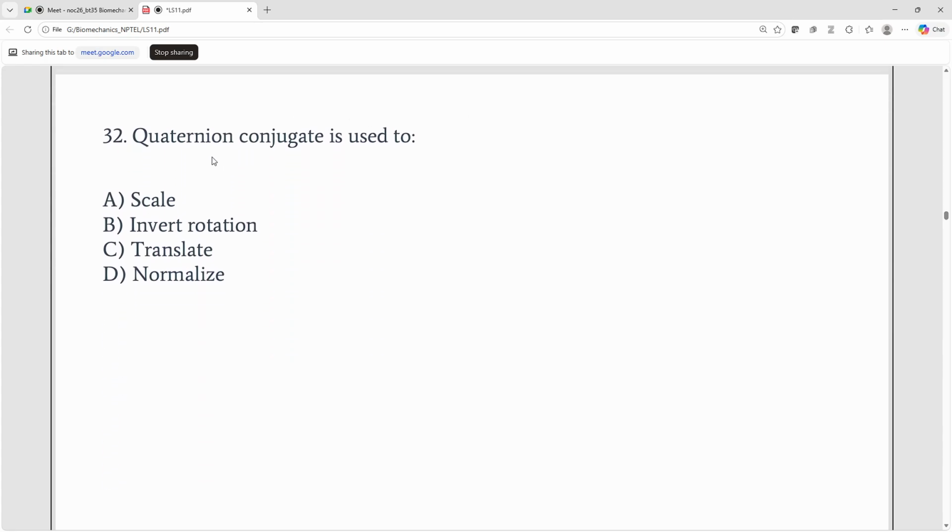Next question. Quaternion conjugate is used to what?